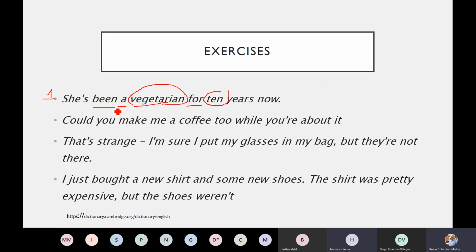Whenever in doubt, if you're not sure, go online, Google the word. For example, in this case, now, you can go to the online Cambridge Dictionary and see what part of speech "now" is. If it's a content word, you cannot reduce it. You have to use only the strong form.